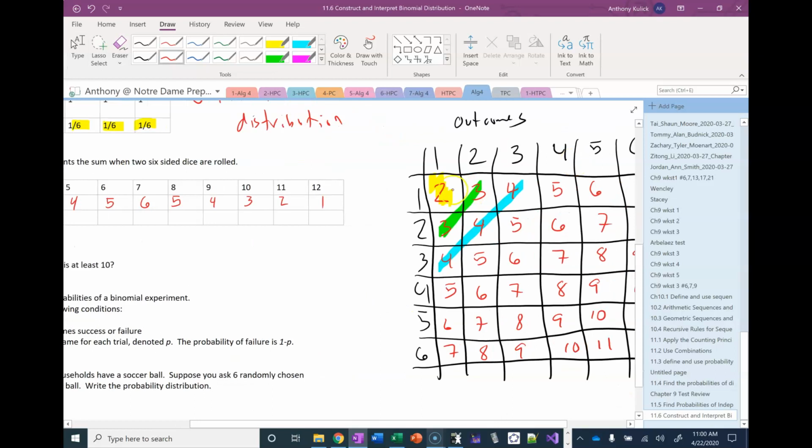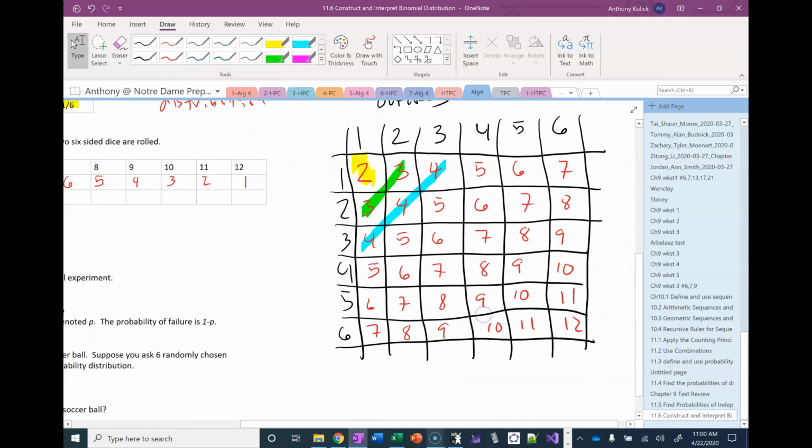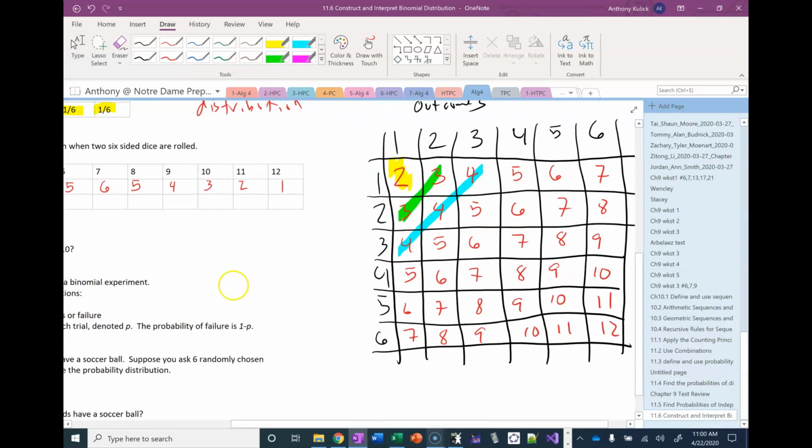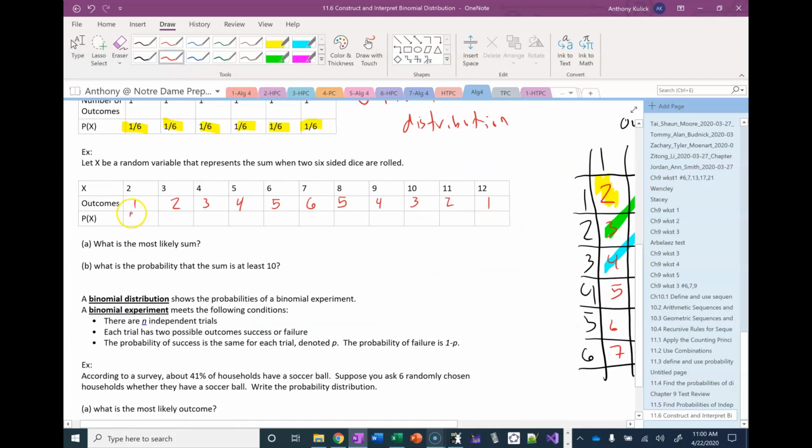And if you remember, there's 36 combinations here in our table because it's a 6 by 6. So the probability of getting a 2 is 1 out of 36. To get a 3, it's 2 out of 36 because there's 2 ways to get a 3.